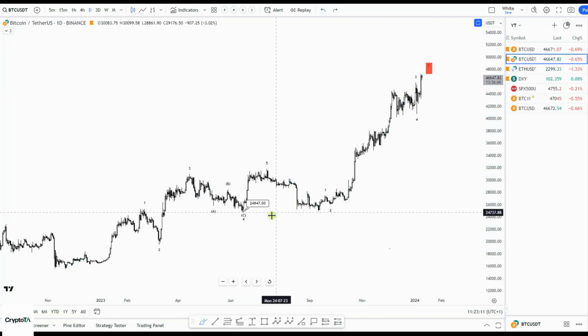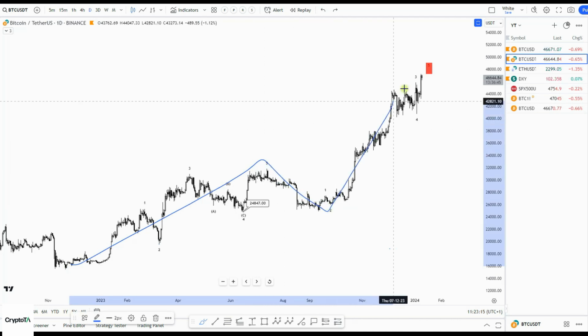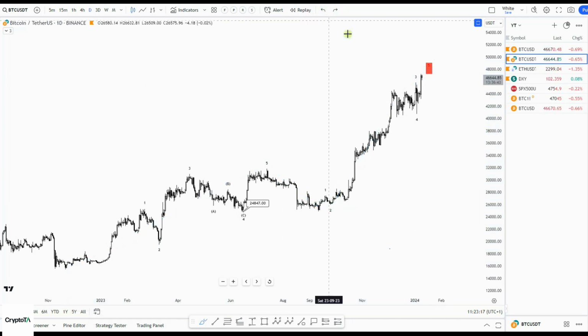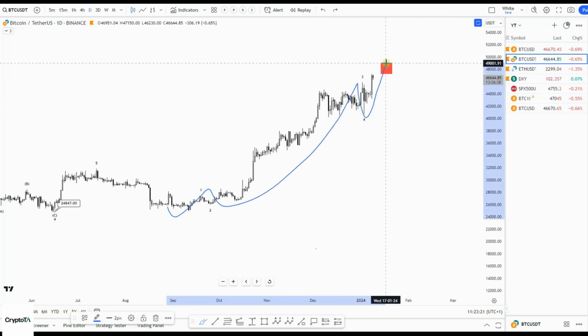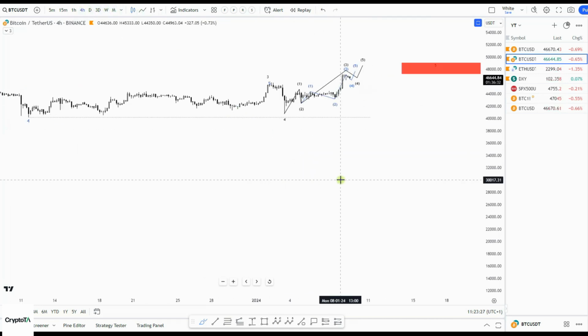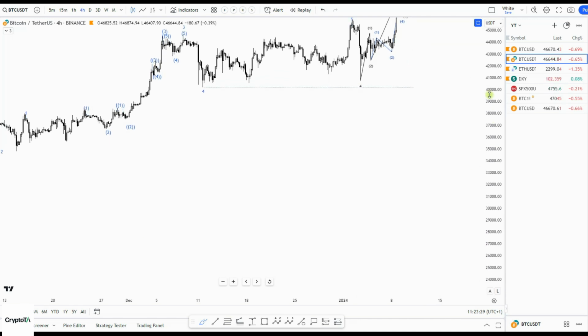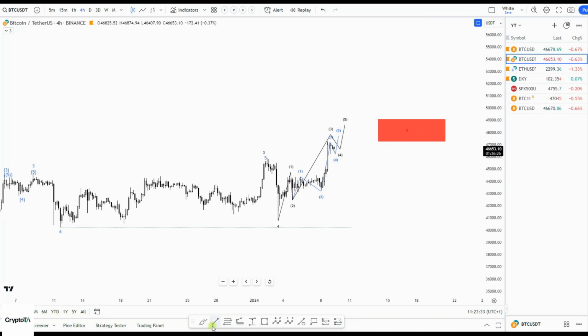And you can see that in that third leg, so this is 1, 2, 3. In that third leg, we have 1, 2, 3, 4, 5. We are at the red box. And what would that mean? The red box is based on FIB levels, based on the length of leg number 4, and could easily extend higher.